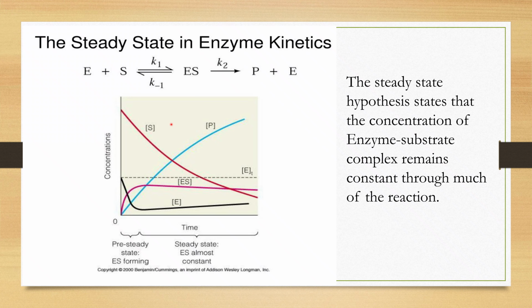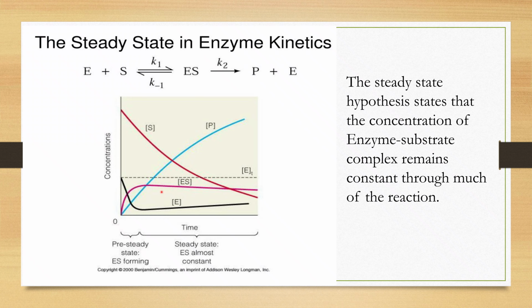Okay. Now you can see a graph of concentration versus time. You can see how the concentration of your product is increasing with time. How your concentration of substrate is decreasing with time. How your concentration of enzyme substrate complex is increasing with time.